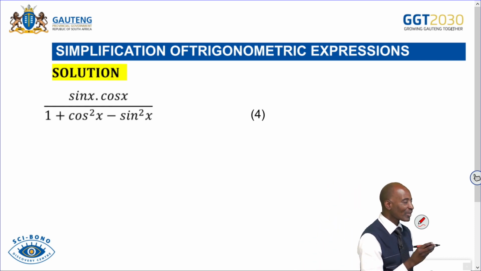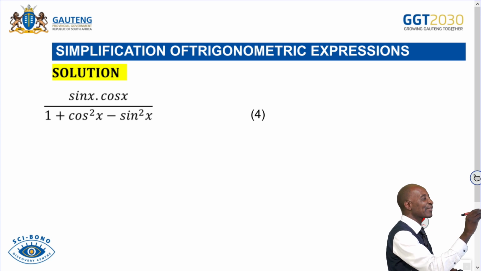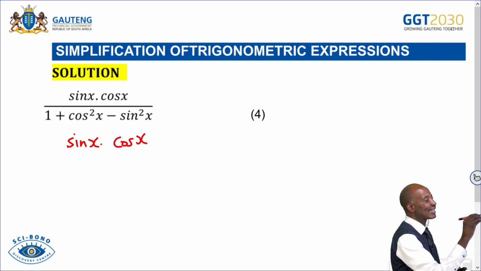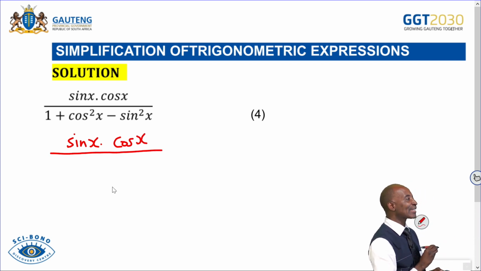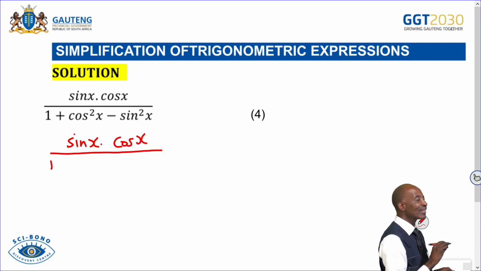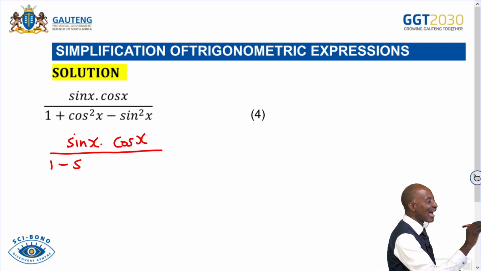Okay. What I'm noticing here is that if I say sine x times cos x divide, I will stop there and try to collect things that I know will help me. I see there is a 1 minus sine squared x.